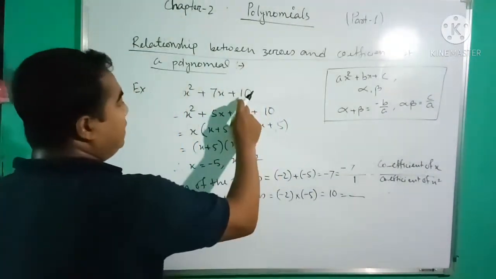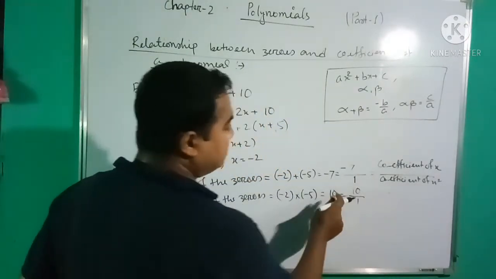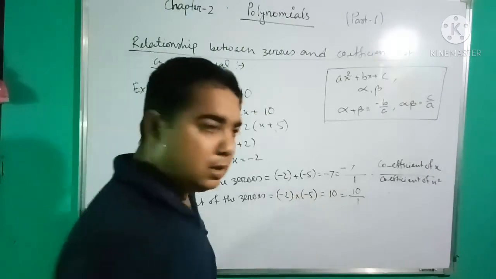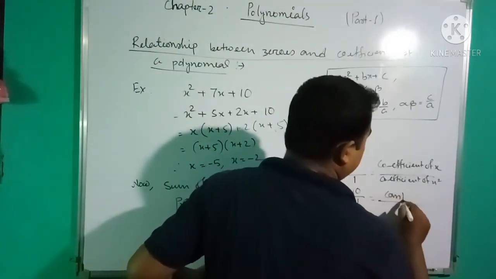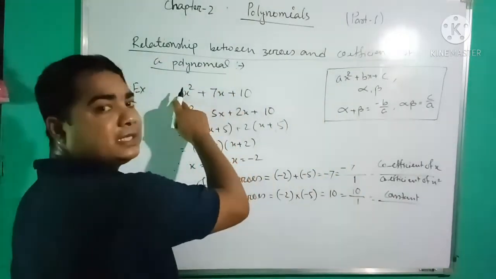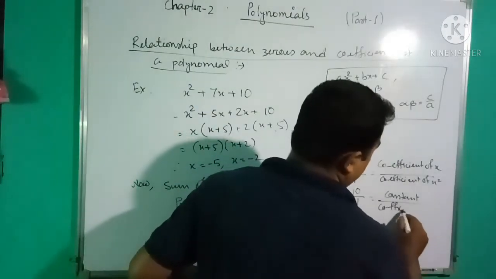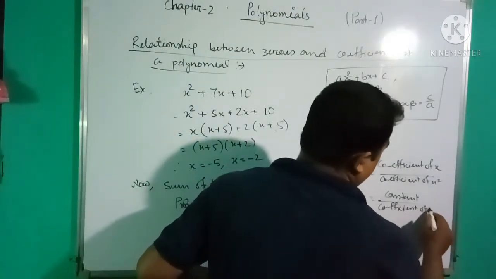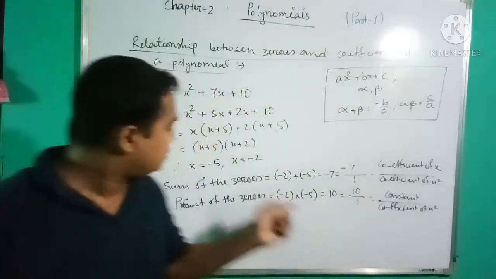Then c value 10, a value 1. 10 by 1, answer 10. Same answer or not? Then right, 10 is called the constant value, and 1 is the same coefficient of x square. Okay, now understood this one?